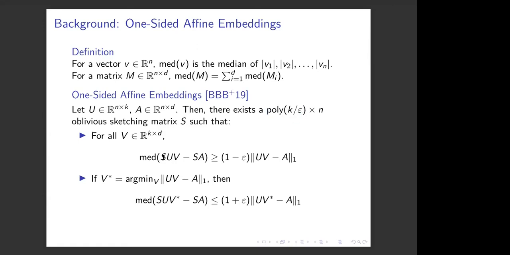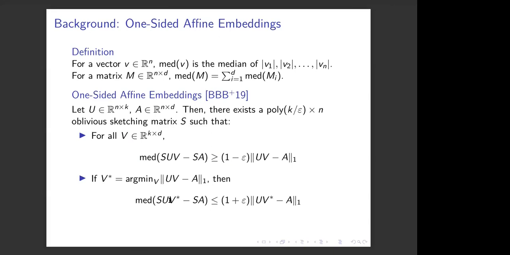If you multiply UV minus A, for any right factor V, by the random matrix S and take the median of this matrix, then this does not shrink the error too much. You only lose a 1 minus epsilon factor.